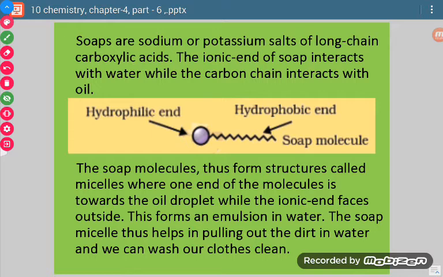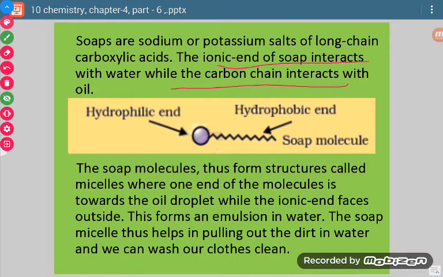When we talk about soap, I have just discussed the formula of soap, and this is the structural representation of it. Now this is used for removal of dirt. So what is there in dirt? In dirt there is the presence of oil droplets.